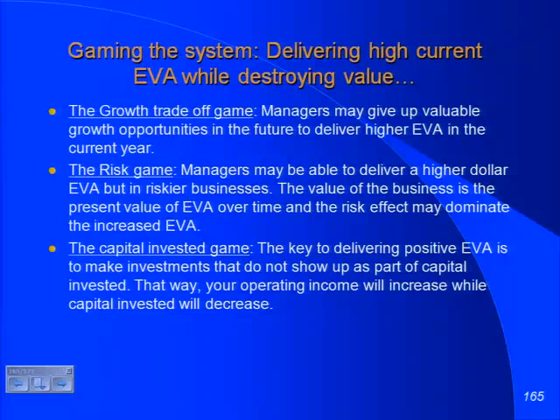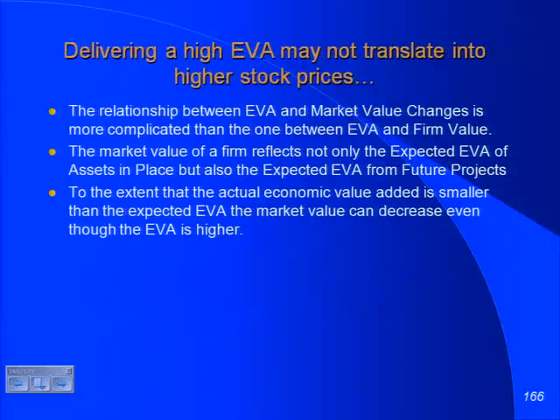I'm never going to borrow and buy because it increases my capital investment. Artificially, I make it look like I'm delivering a higher EVA, and I walk away with the profit. So basically, the growth game, the risk game, the trade-off here is you walk away with a bonus, I walk away with a lower value for my company. So keep that in mind when you see EVA being used in compensation.